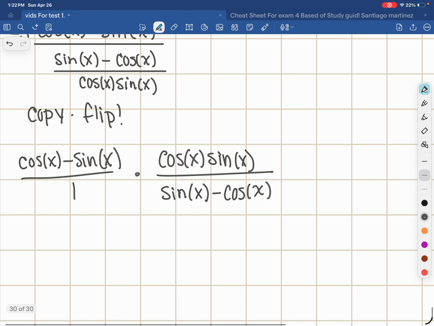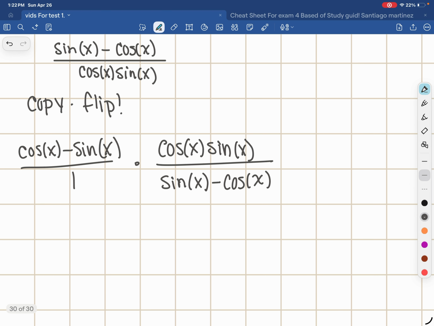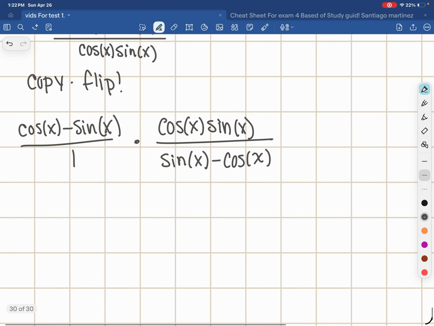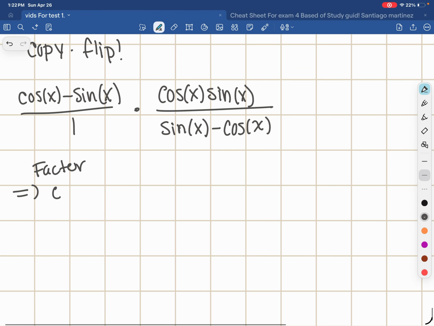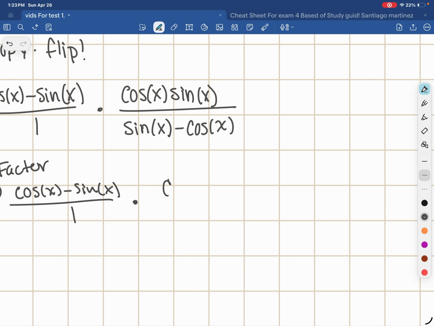But in this situation, what could we do to make sure that these would cancel out, right? Because right now we have sine and cosine, and that's not really what we want, because it's negative cosine. So what we can do is factor out a negative, right? So we have cosine of x minus sine of x over 1 times cosine of x sine of x, negative, and this in return will give us a positive cosine of x.